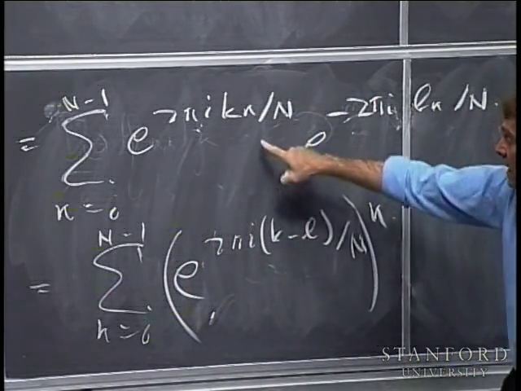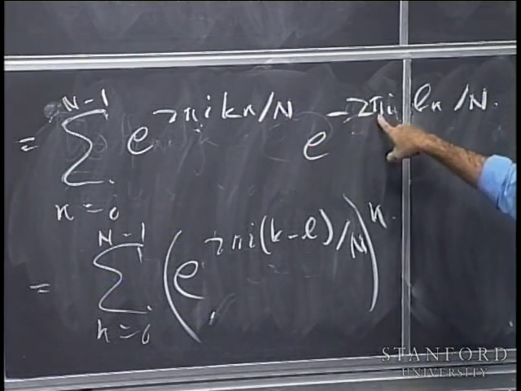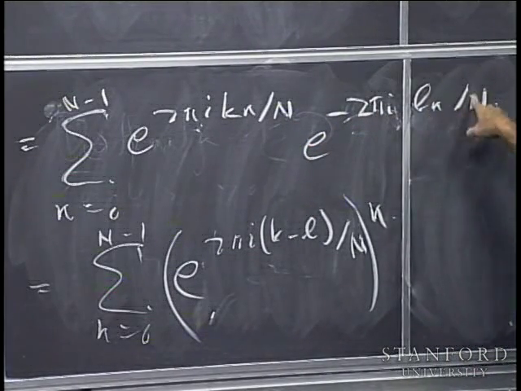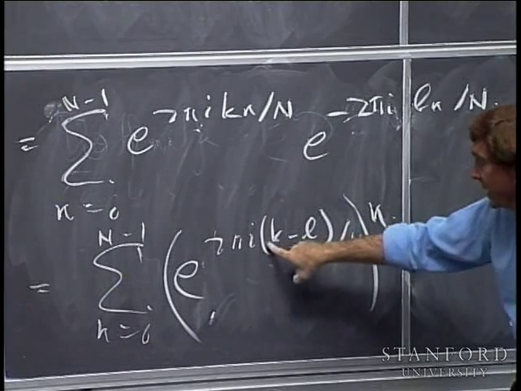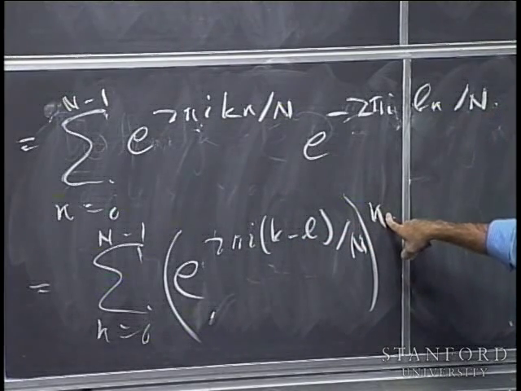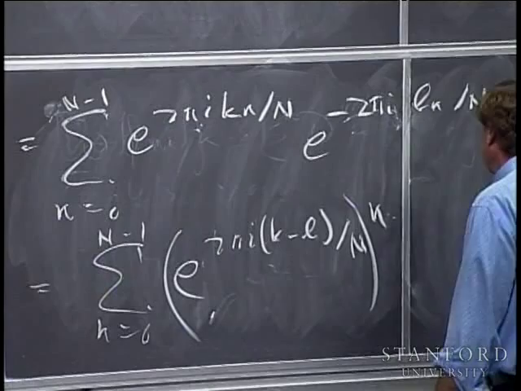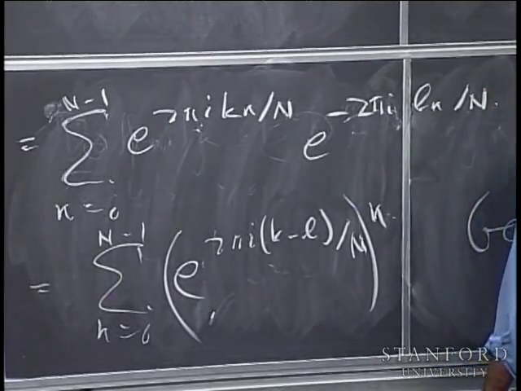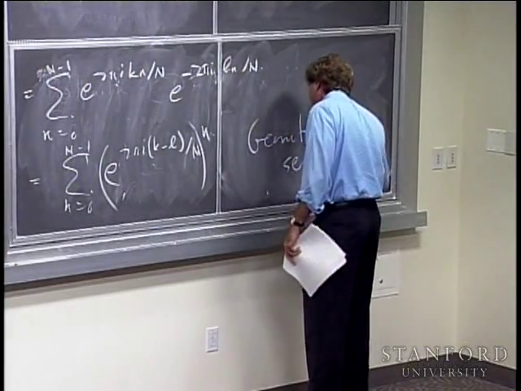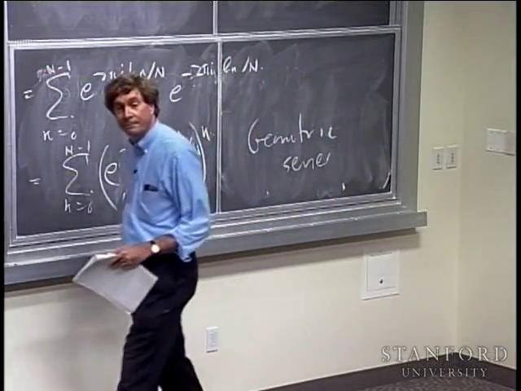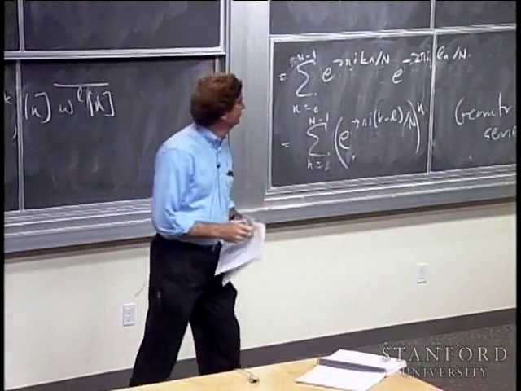I group those terms: 2 pi i (k minus l) divided by n, raised to the nth power. That's a finite geometric series, and we know how to sum that.